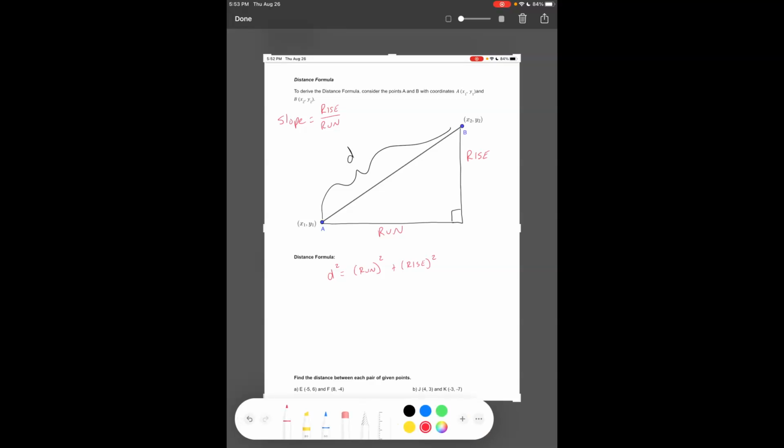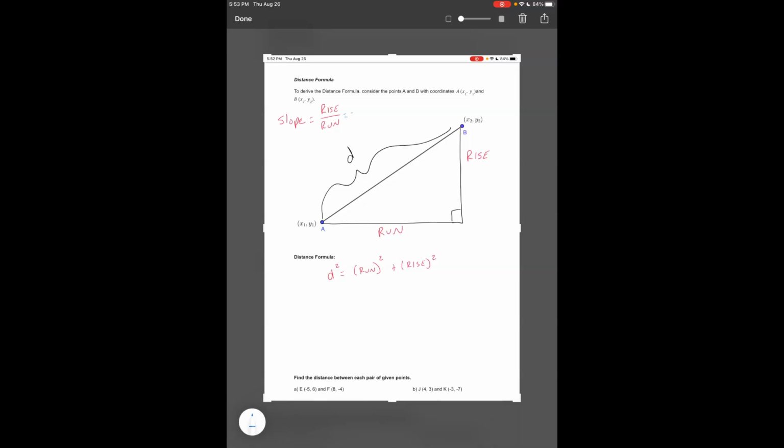So I'm going to go back up top here to slope. If you recall from Algebra 2, the slope formula, or how you subtracted your y values, so it was y2 minus y1 in the numerator. Well, that's what the rise is. The rise is just the difference in the y coordinates. So it's just y2 minus y1.